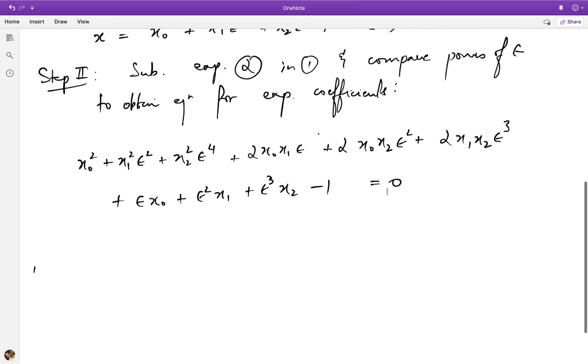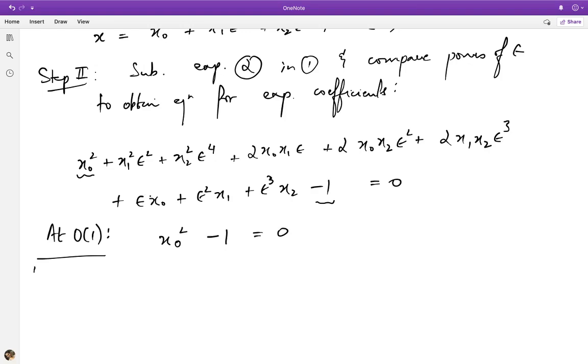So the first step is to equate terms of order 1. If I look at all the terms of order 1, let's mark them out. You have x naught square, all of these terms involve epsilon, and you have minus 1. So it must be that x naught square and minus 1, these 2 terms which are not multiplied by epsilon, have to balance each other and be 0.